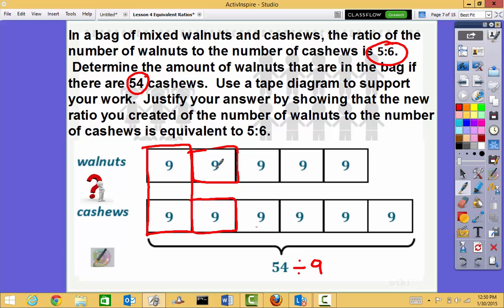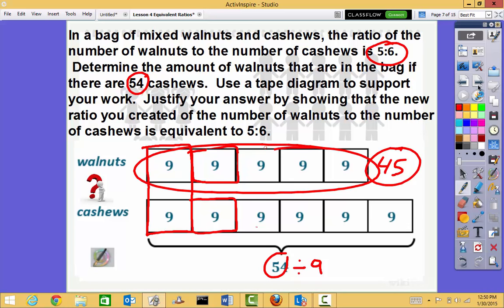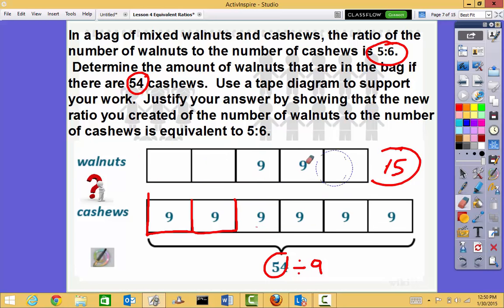Well, I have 9, 18, 27, 36, 45. So if I have 54 cashews, then I have 45 walnuts. And we can see the numbers changed, but my tape diagram stayed the same, whether it's 5 and 6 or each one represents 9. They still look like the same model.